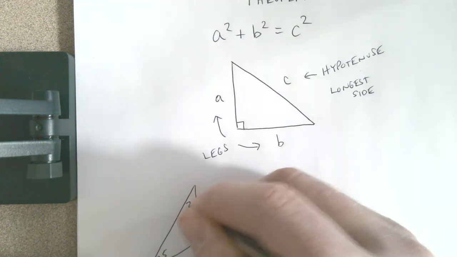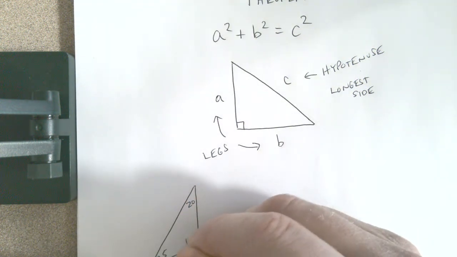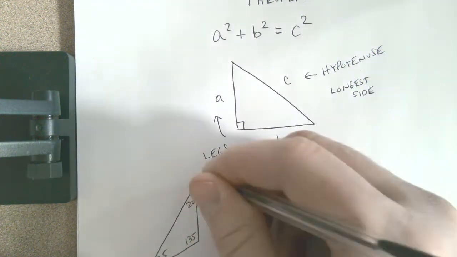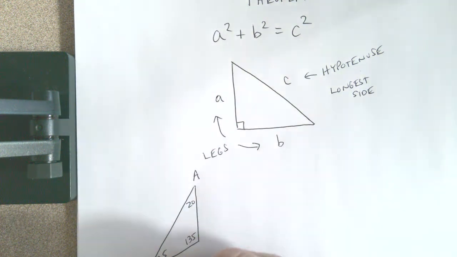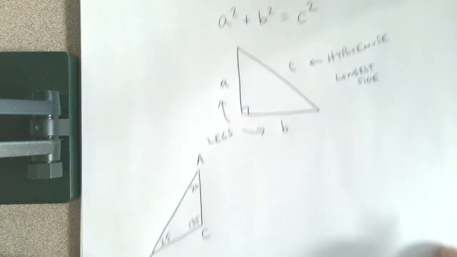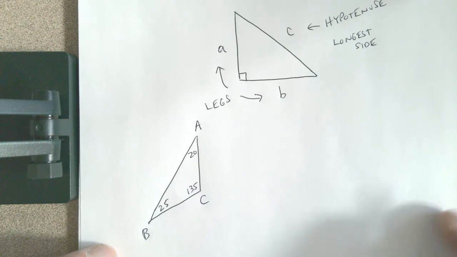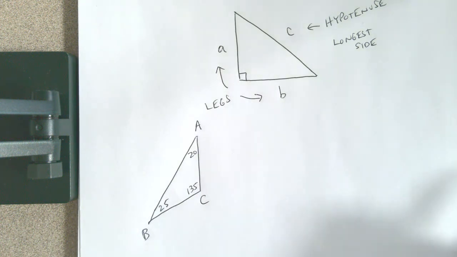I don't know how many of you already know how to do that, but I'm going to talk about that right now. If we have this triangle ABC, and I said to you, which side in this triangle is the longest side? How many of you feel confident that you could tell me which side is the longest side in that picture?